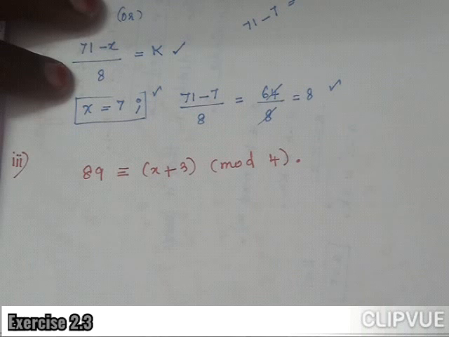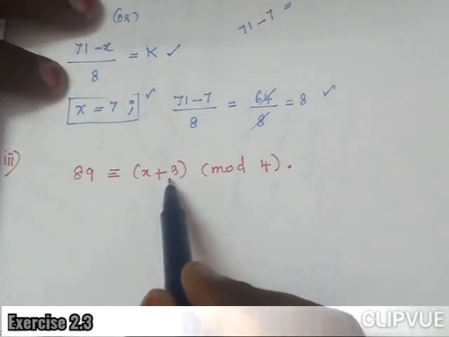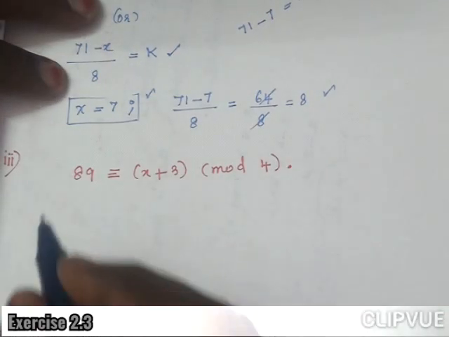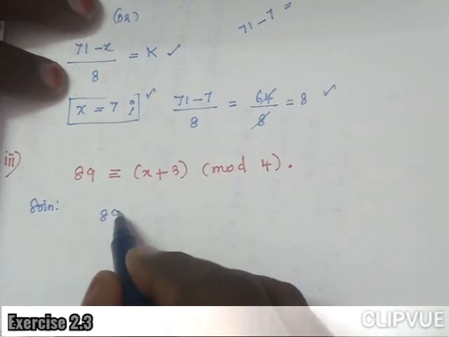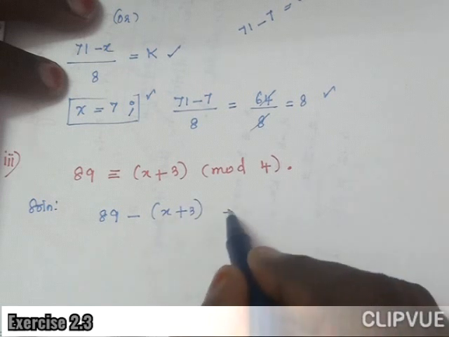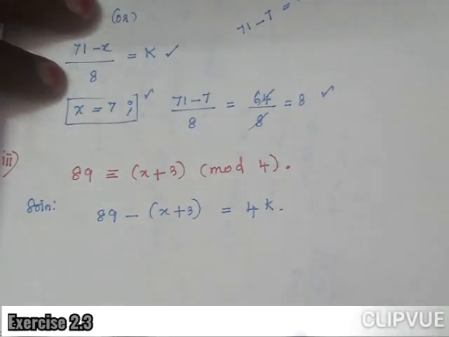Third subdivision. 89 congruent to x plus 3 mod 4. Solution. This can be written as 89 minus (x plus 3), which is equal to 4k, where k is some integer.